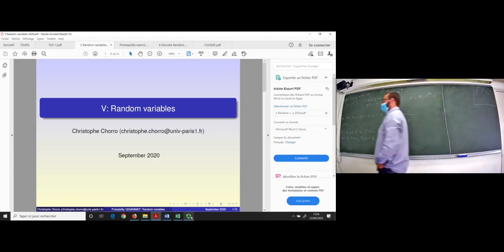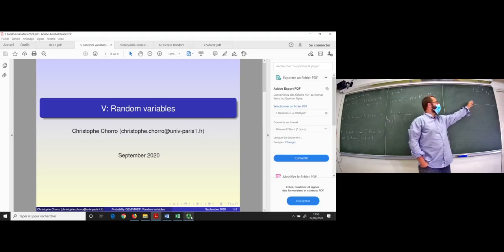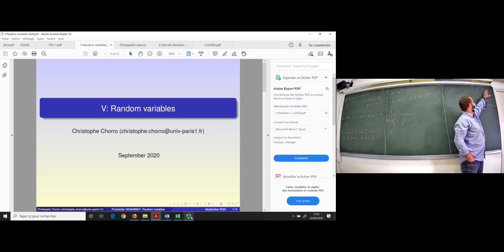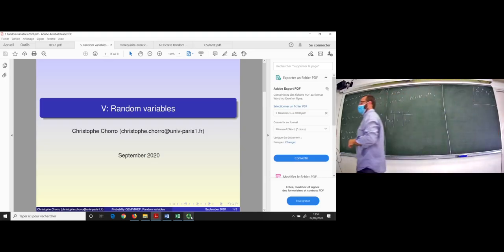Not dealing with probability, just with analysis, how to compute this sum and prove that the sum of q to the power k minus 1 is equal to 1 over p. Do you remember the way to do it?